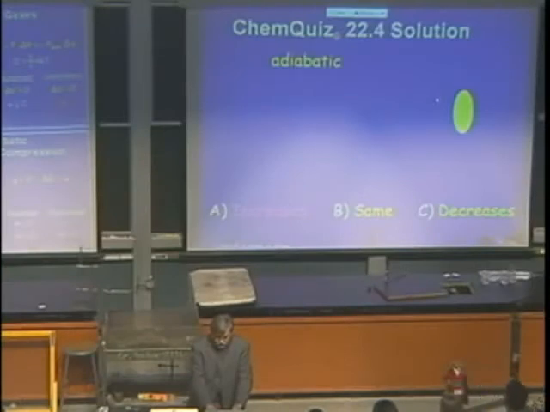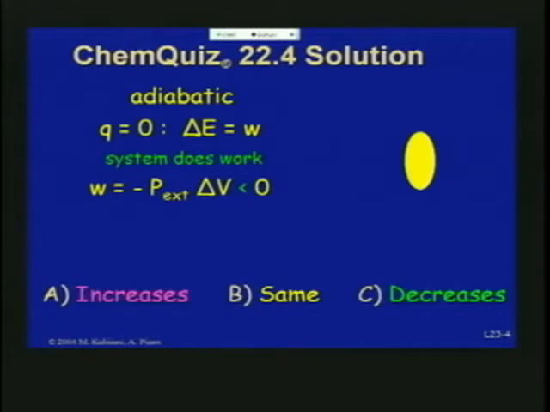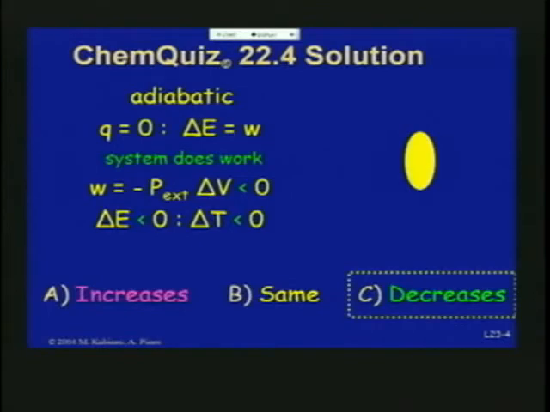So it did work, the rubber glove. With this, there's no heat exchange. The change in energy is the work. And the system does work when it pulls back together. And with this, W is smaller than 0. And the temperature decreases. And this was the right answer.